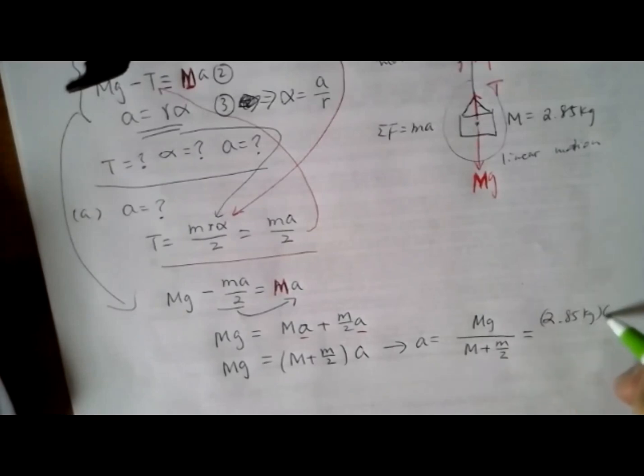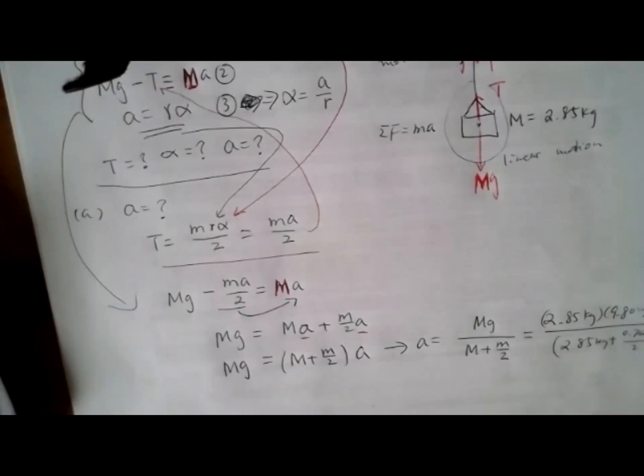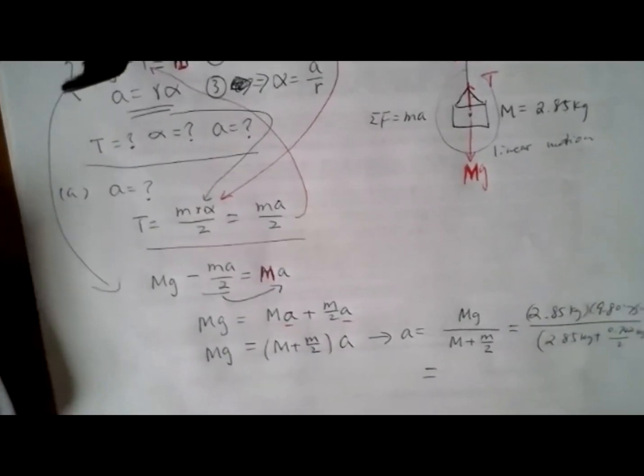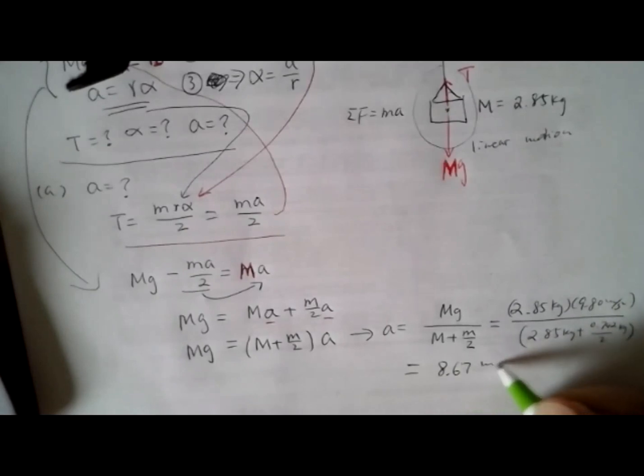2.85 kilogram times 9.8 meters per second squared divided by 2.85 kilogram plus 0.742 divided by 2 kilogram. Okay, so that gives you your oscillation as 8.67 meters per second squared, right?